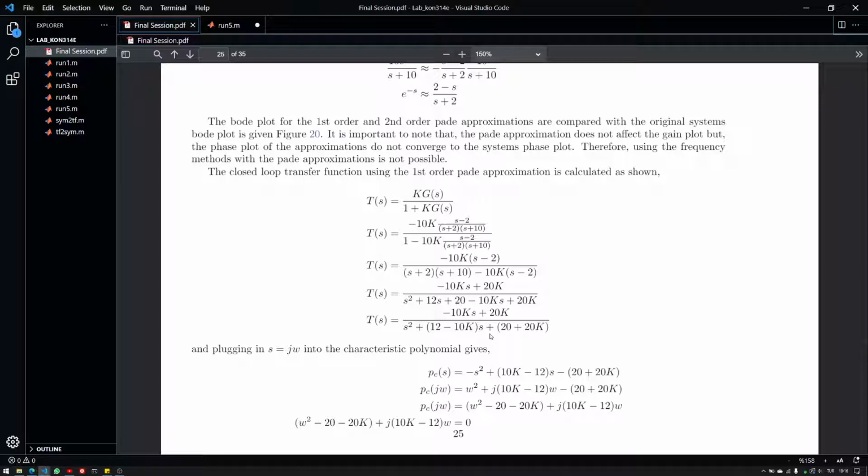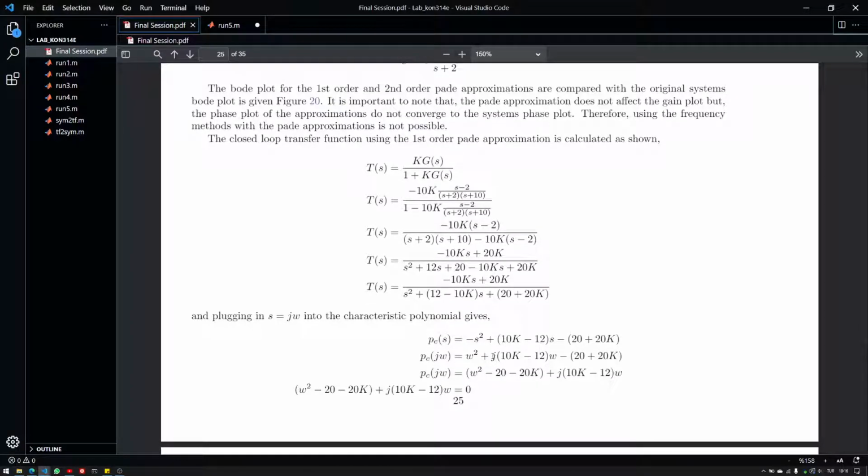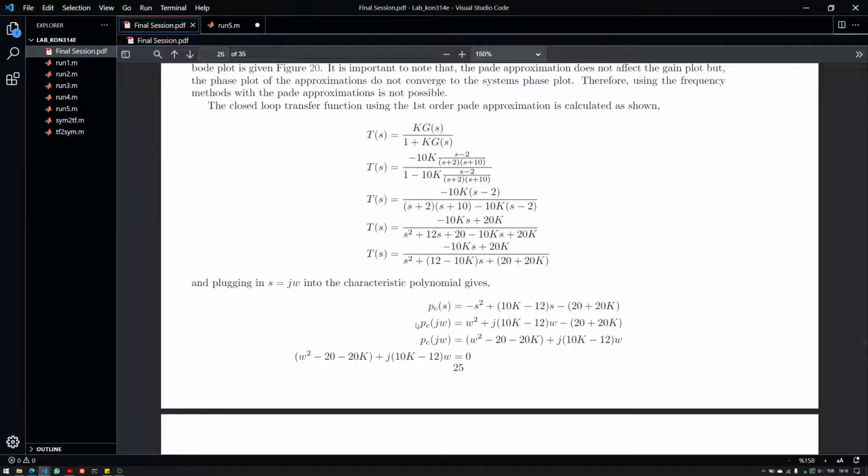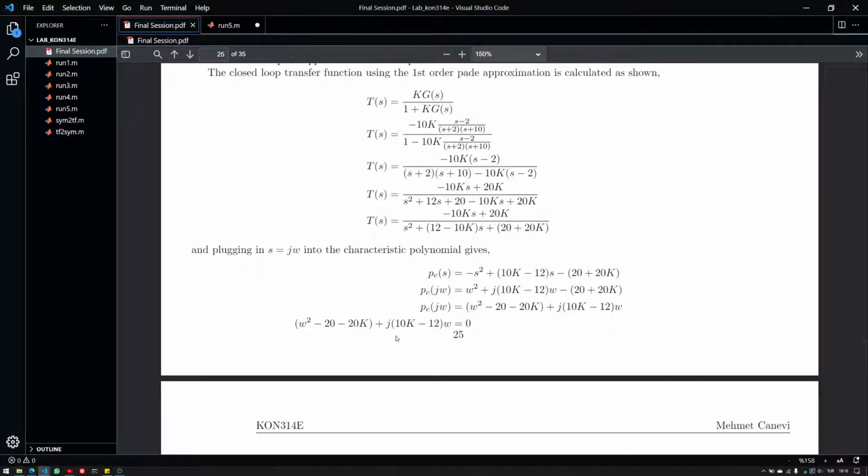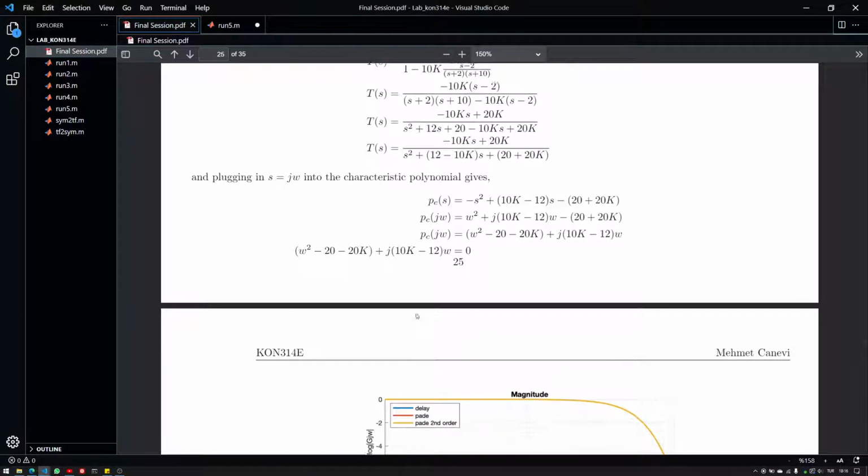When you have MATLAB, it's easy. But if you don't have MATLAB, stick with the algebraic method because you have a calculator that helps you out. So here we have the direct substitution method that we've already covered, and you can see that plugging in s = j omega gives us two equations. One of them gives us omega values, hopefully the other one gives us k values here.